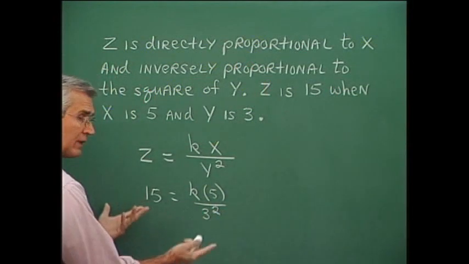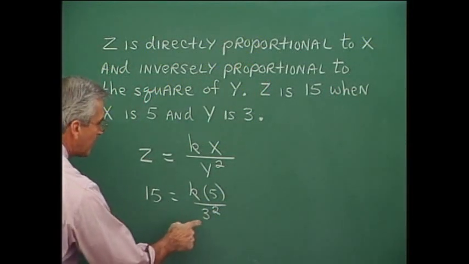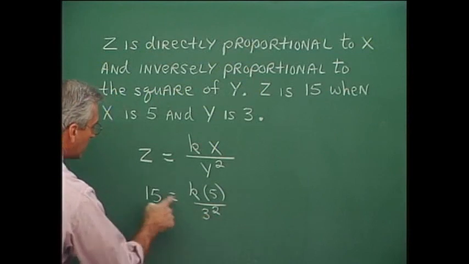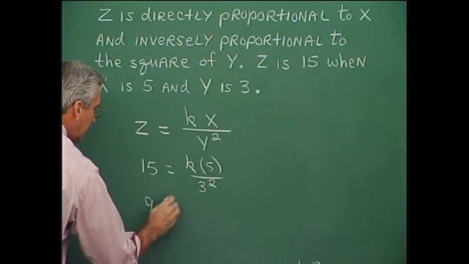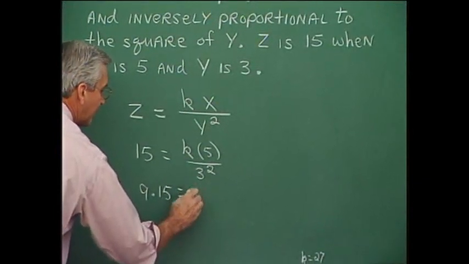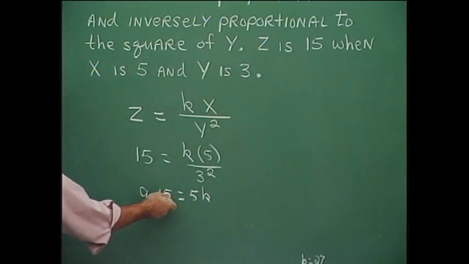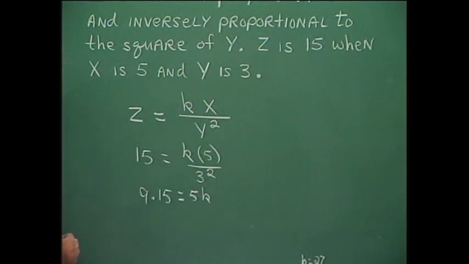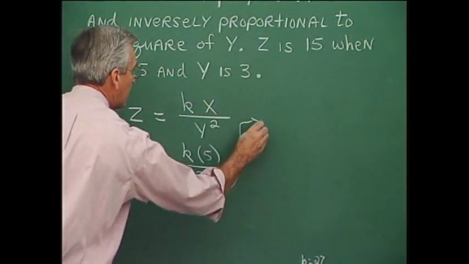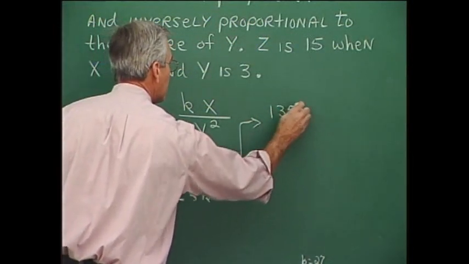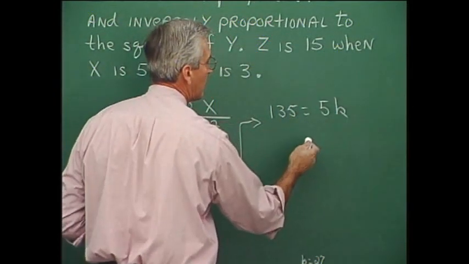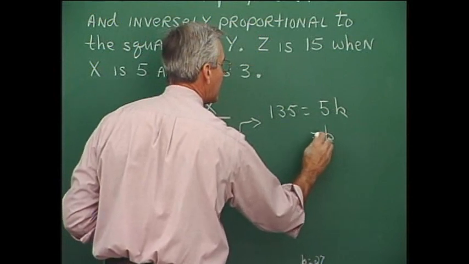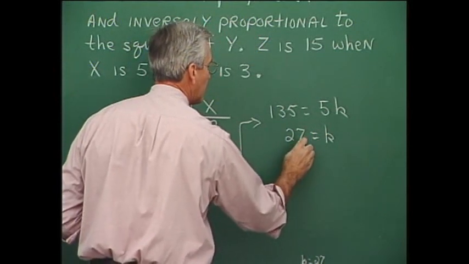All right, so we go through and solve a bit by, let's see, this is 9, and we'll multiply by 9 on both sides. So we have 9 times 15 is equal to 5k, and 9 times 15, gee, that's 135. That's 135 then is 5k. And dividing on both sides by 5, we find k to be 27.